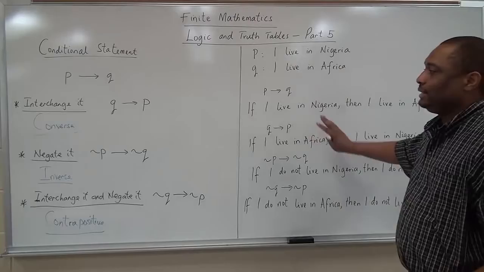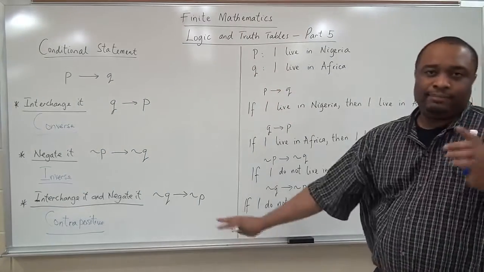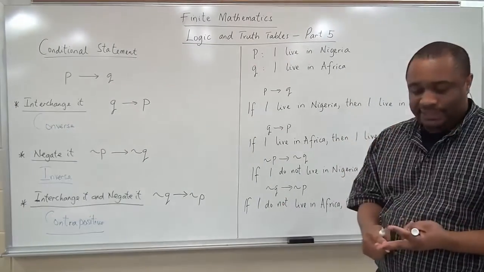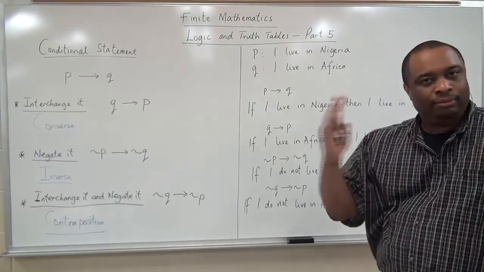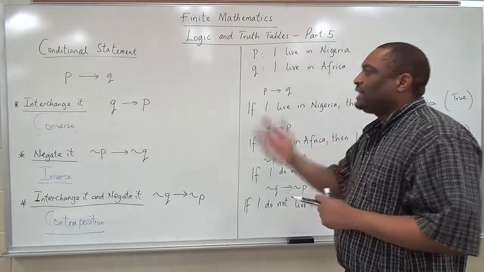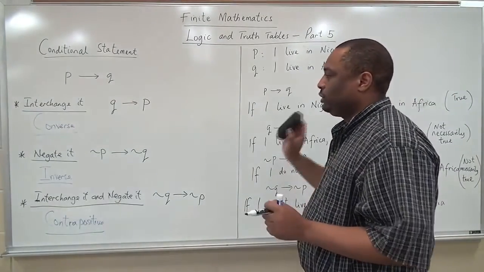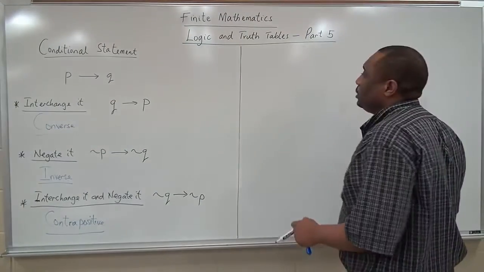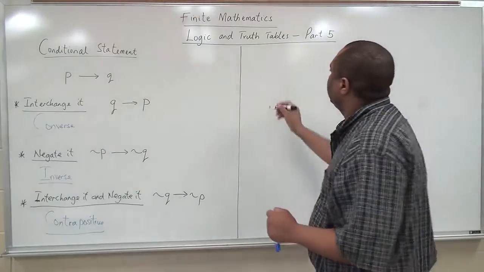But I'm going to erase this. We want to draw a truth table of all these statements: the conditional statement, the converse statement, the inverse statement, and the contrapositive statement, so that we can look at the relationship, if they have any relationship. And then in the next videos we can solve problems. I just want you to understand this concept before we solve problems. So let's draw a truth table of all these statements.